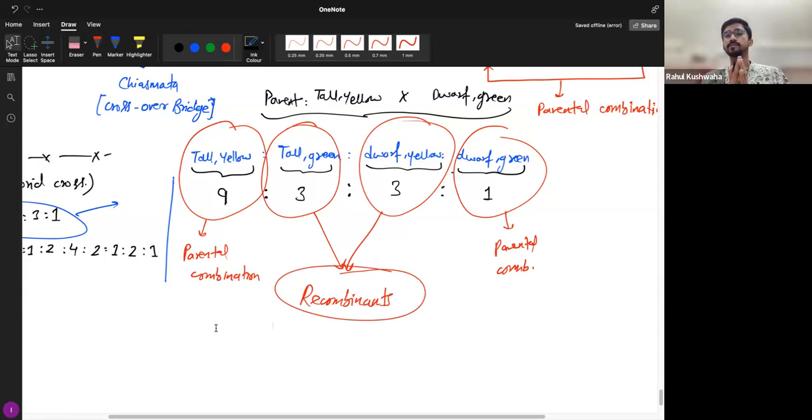Ta-da. This is what we are interested in. Now, according to Mendel, if anything follows Mendelian genetics normally, it should find this ratio in the F2 generation when we cross dihybrid traits. Yes or no?